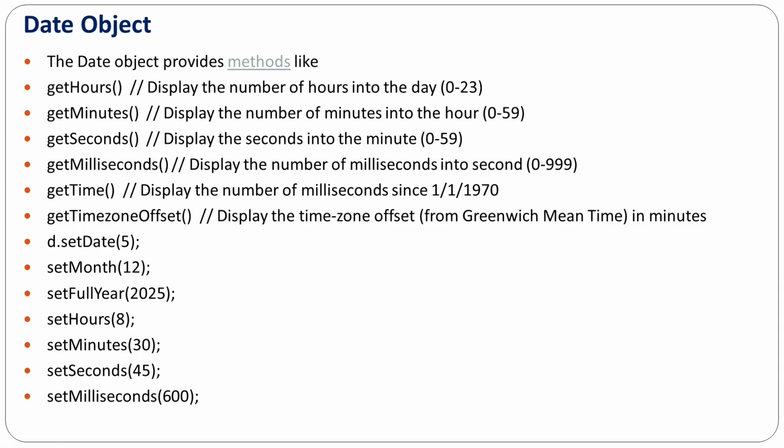We have manipulated the date object using various getter methods, and we can apply the setters as well, as mentioned over here. You can set the month using setMonth, and the year using setFullYear. Hours, minutes, seconds, milliseconds methods are also there for setting. So this way we can manipulate the date objects.